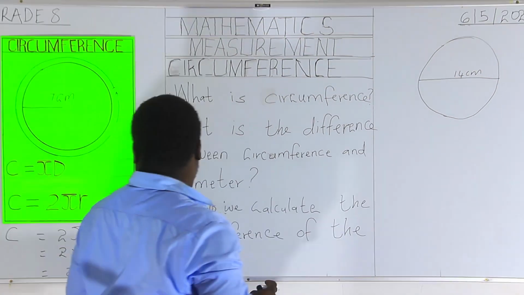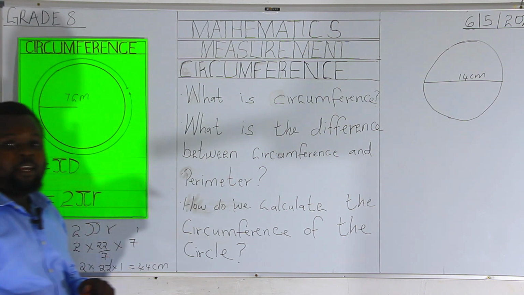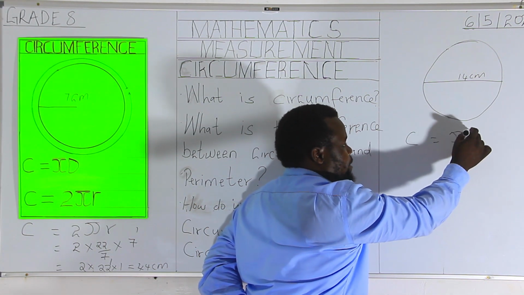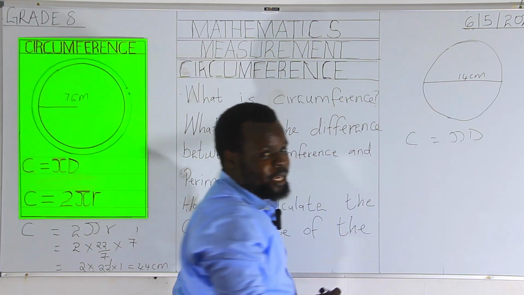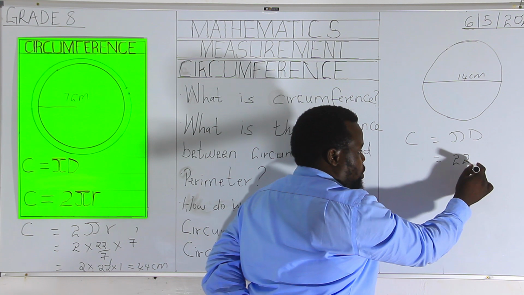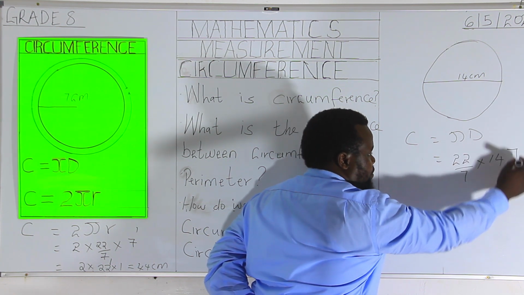I'm going to apply the first formula, circumference is equivalent to pi d, where d stands for diameter. Pi is equal to 22 over 7 times diameter, which is 14.